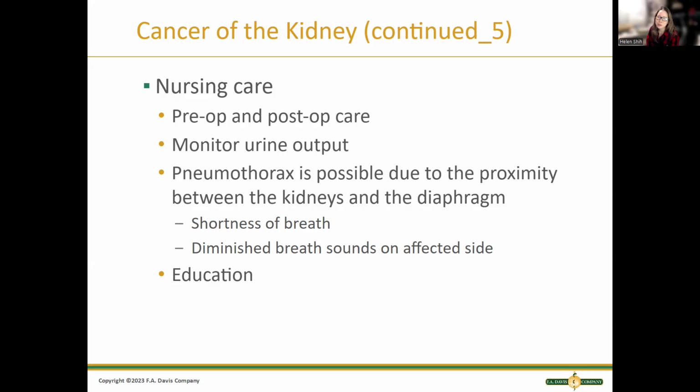Earlier I showed you the picture of costovertebral pain, and you saw that the left kidney is a little bit higher than the right kidney. So now let's imagine that we had to do some sort of surgery on the left kidney in order to repair it or remove stones or remove kidney cancer. You can accidentally puncture the diaphragm as a result of doing this procedure.